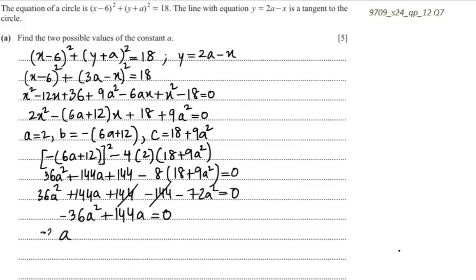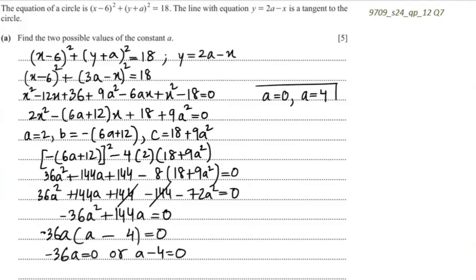So factoring out minus 36a, it's going to be a minus 4 equals 0. That gives me minus 36a equals 0, or a minus 4 equals 0. So either a can be 0 or a can be positive 4. Both of them work because they were asking for two possible values of a, and I solved this quadratic equation to get two possible values.